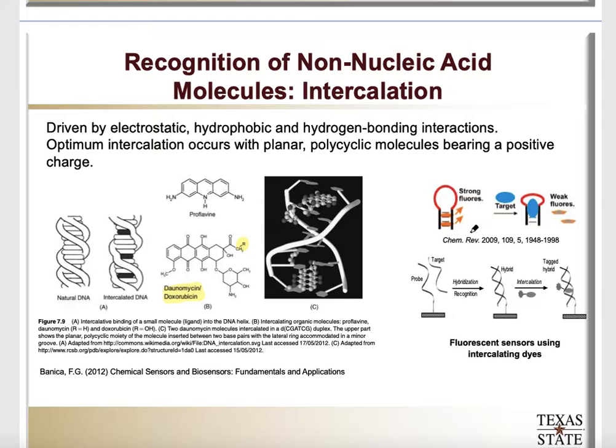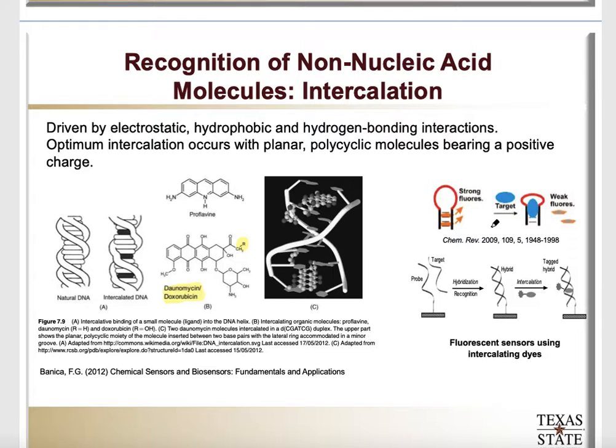I'll go ahead and mention, for those of you who might work with cells in the future, DAPI, which is a molecule that is typically utilized to label the nucleus of cells, is one of these intercalating molecules. And you guys probably will be familiar with that.